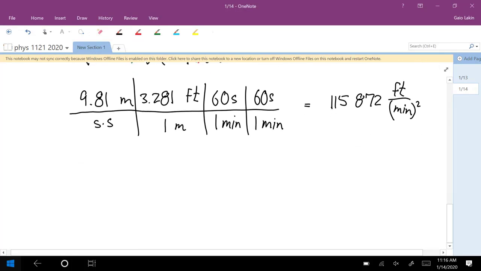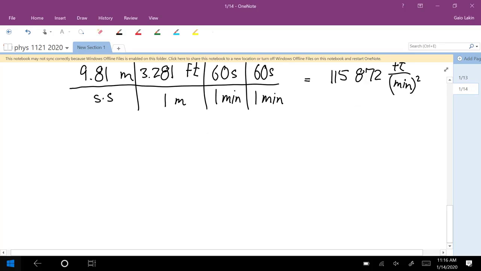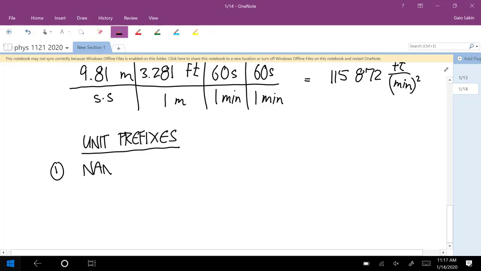Okay. And then we're going to use unit prefixes pretty often. So the ones that we're going to use the most are nano, which you can think of as meaning times 10 to the minus 9th.